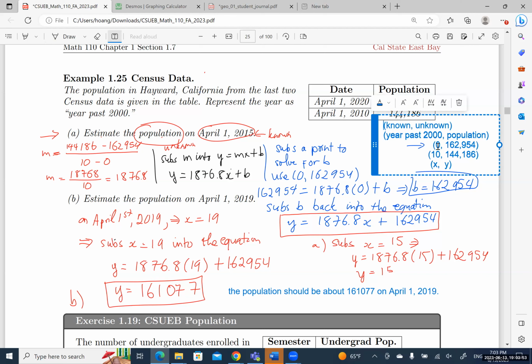Yes, this one is 20, this one is 10. Okay, so let's see. We must have 10 minus 20, and this is 19.